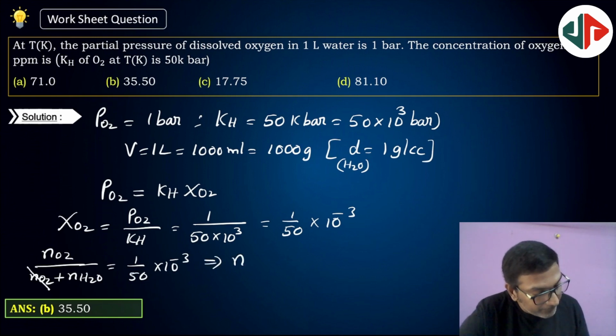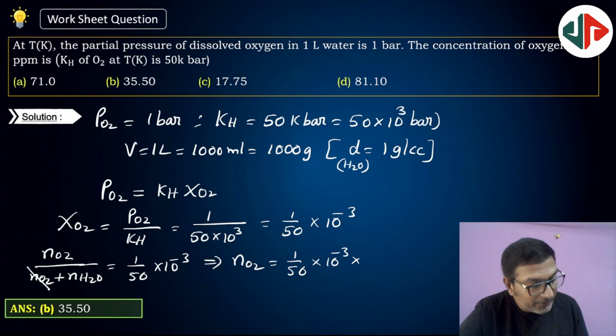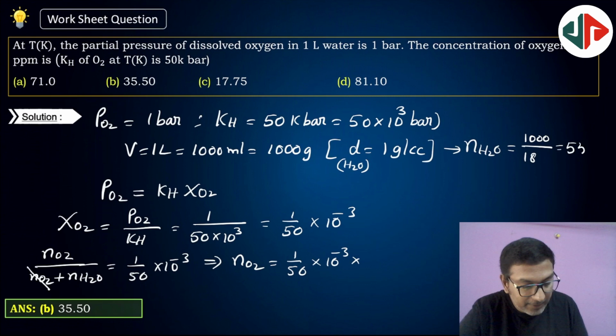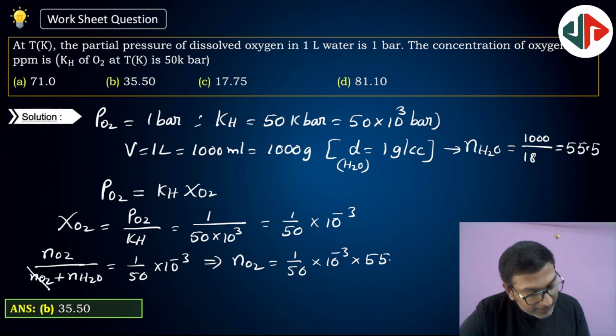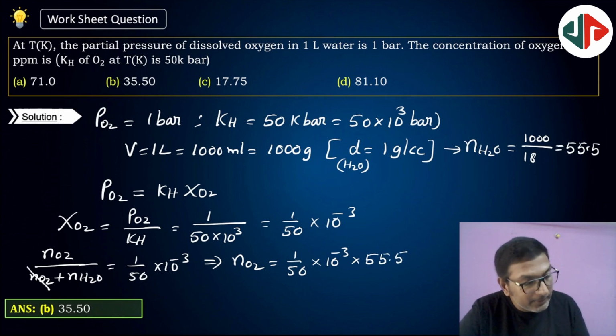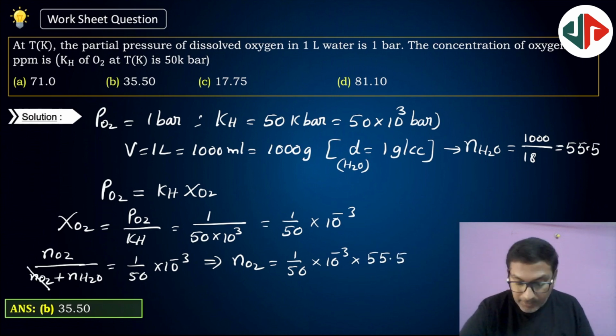Therefore, number of moles of O2 equals 1 by 50 into 10 power minus 3 into number of moles of water. Here we can say number of moles of water equals weight 1000 by 18, which is 55.5. So therefore number of moles of O2 equals 1.11 into 10 power minus 3.